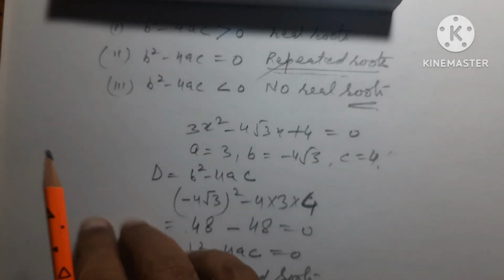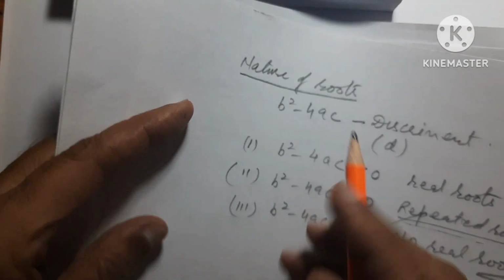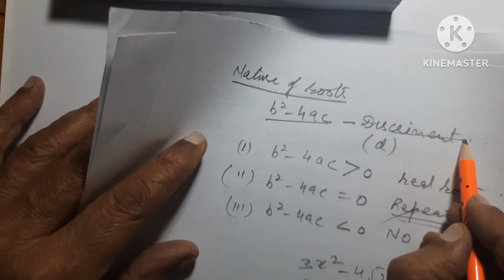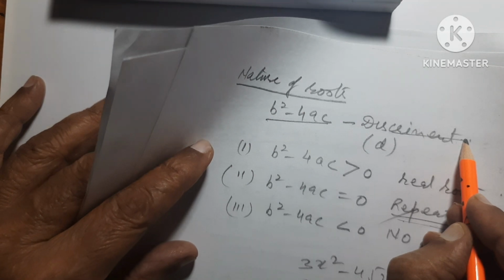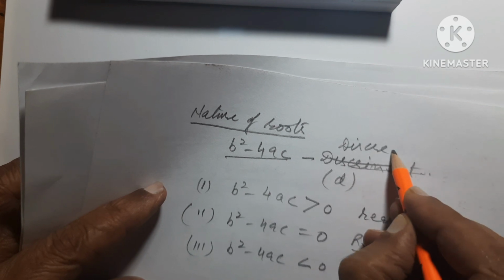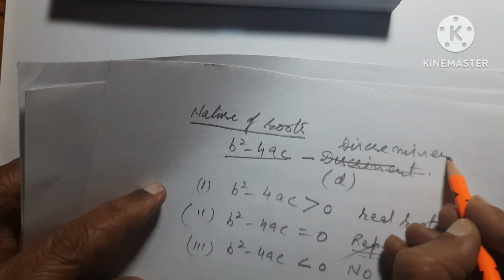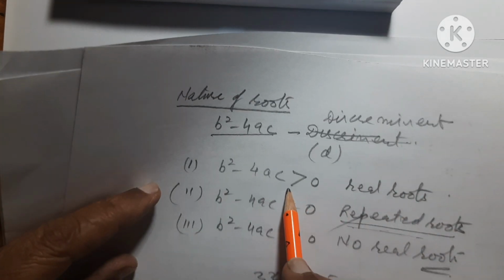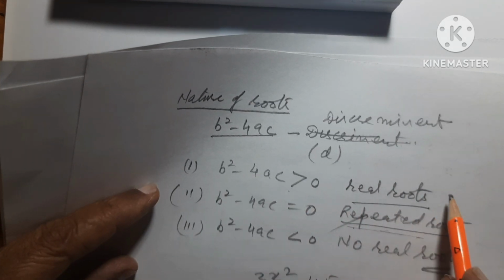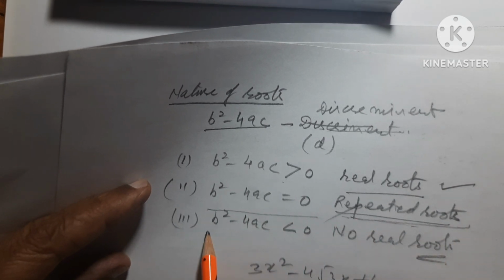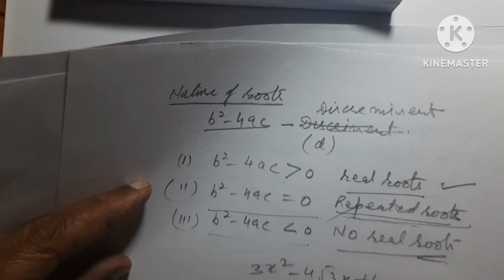The nature we can find out with the help of b square minus 4ac, that is discriminant. If it is more than 0, it will have two real roots. If it is equal to 0, repeated roots. If it is less than 0, no real roots.